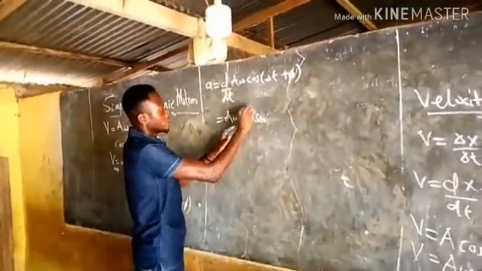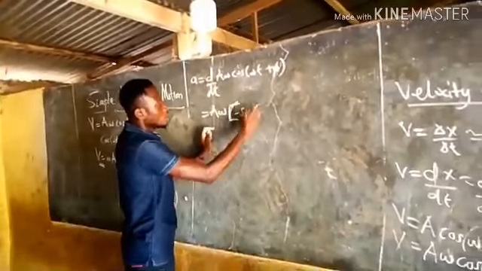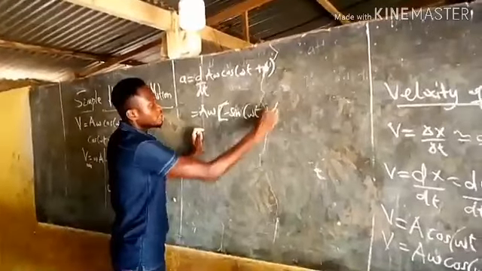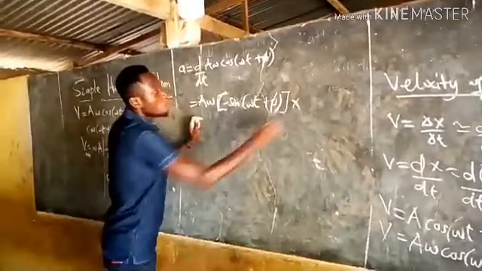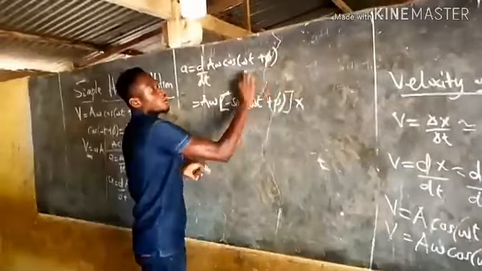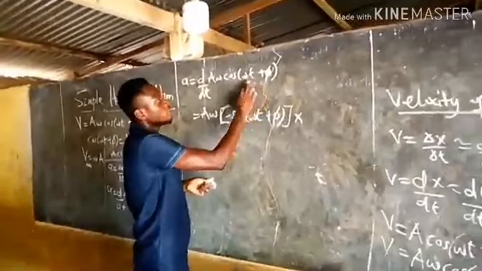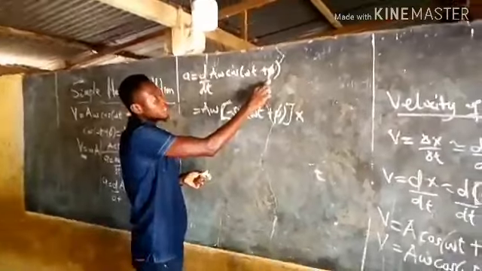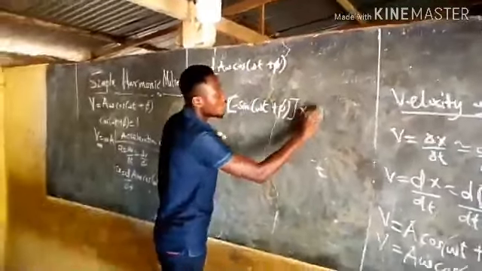negative sine(omega t + 5). After that, we multiply it by the differential of the term inside the bracket. And if we differentiate with respect to t, we are going to get omega, so times omega.